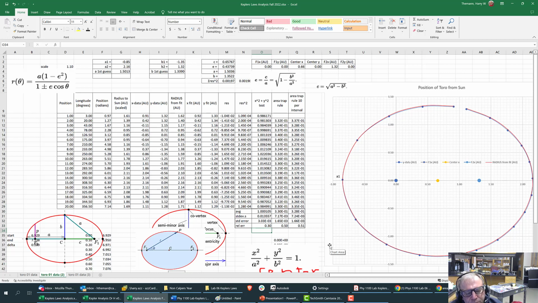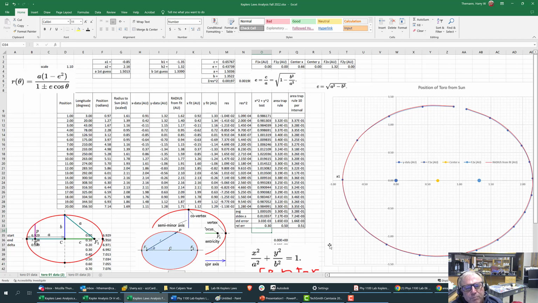So we've demonstrated Kepler's first law because we have these parameters of the fit to the data, the A, B, the C, and the E. And so we were able to then determine where the center of the ellipse is. We took all the XY points of the data, not the fit, and we shifted them so that they reflect the center of the ellipse.